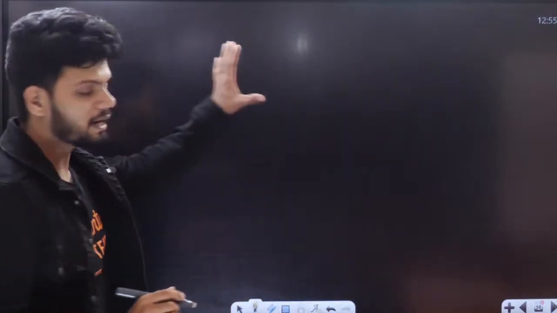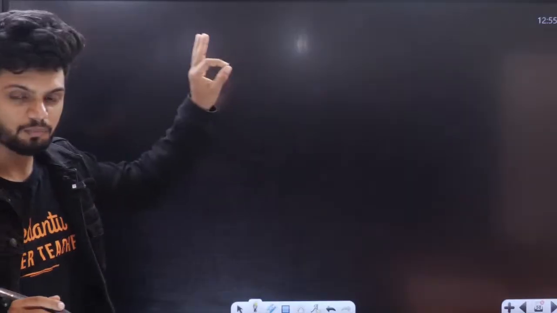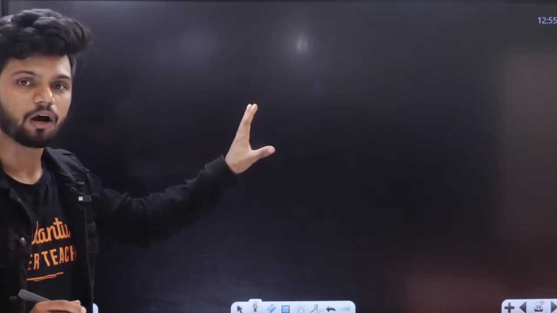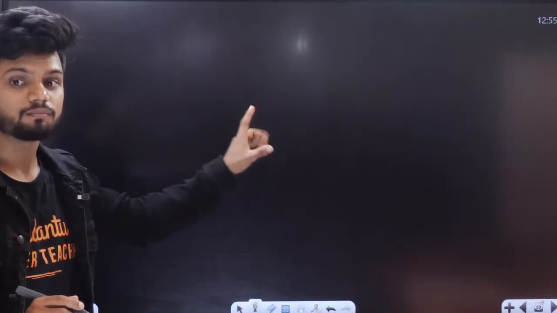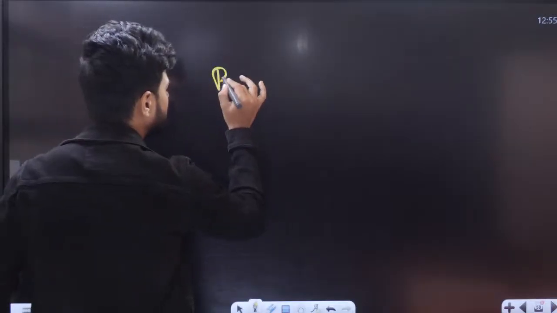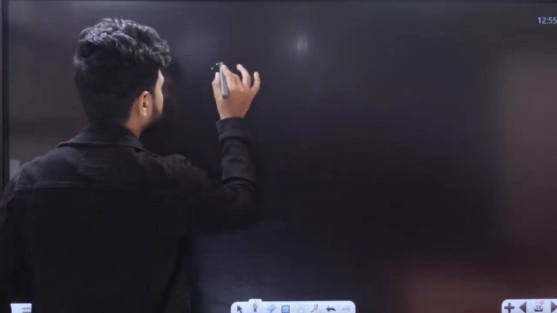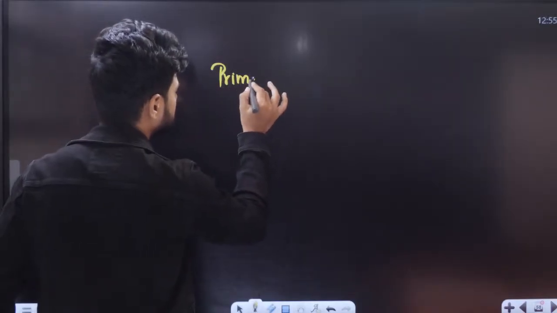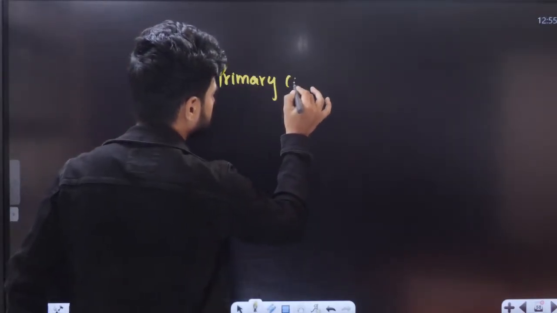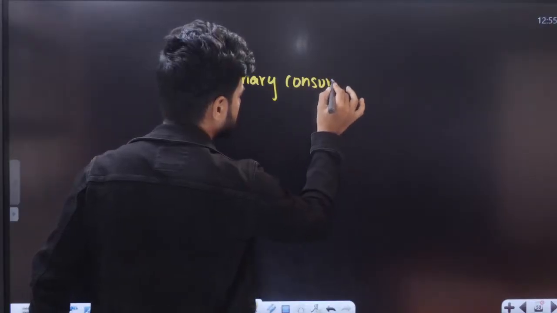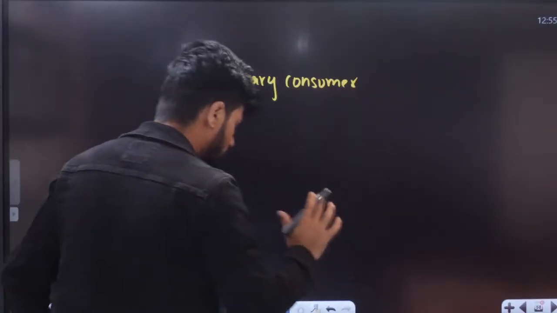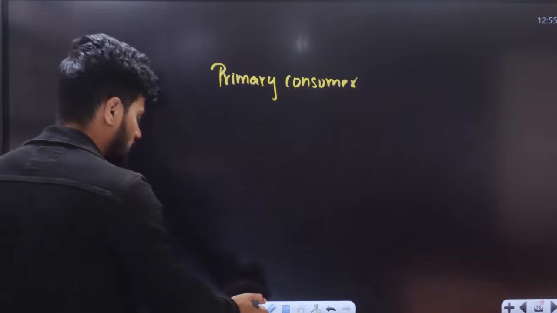Students, this paragraph which I'm going to write right now is going to be very important for you. Write down with me. Learn this right now. Do not keep it as a backlog. There is something called a primary consumer.